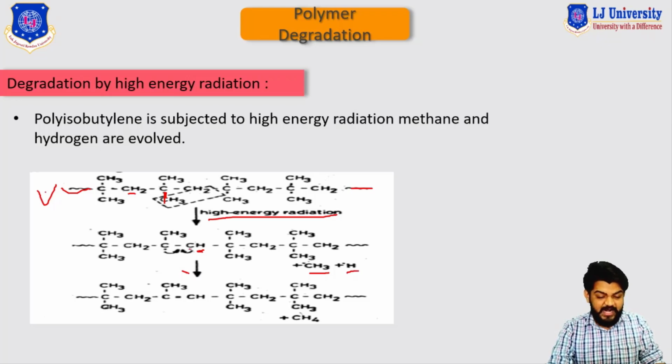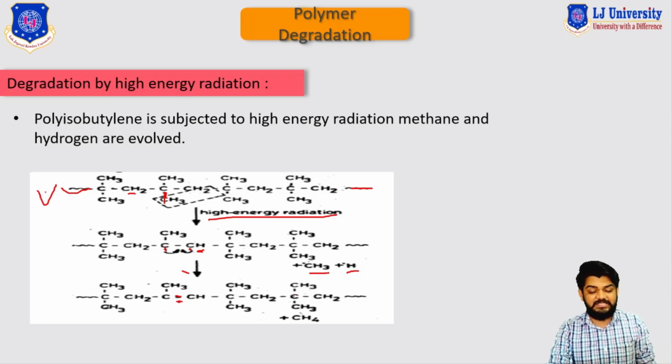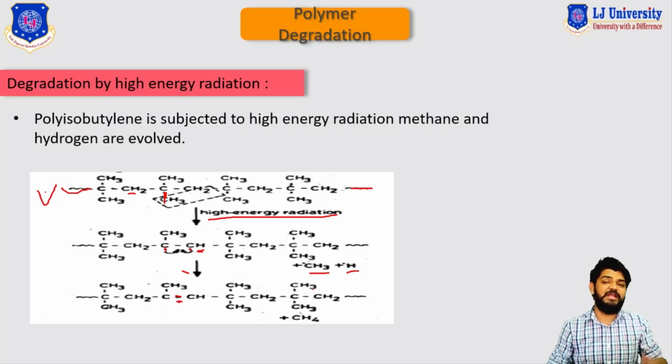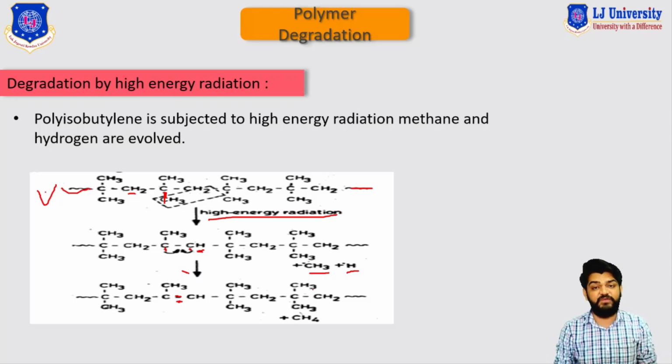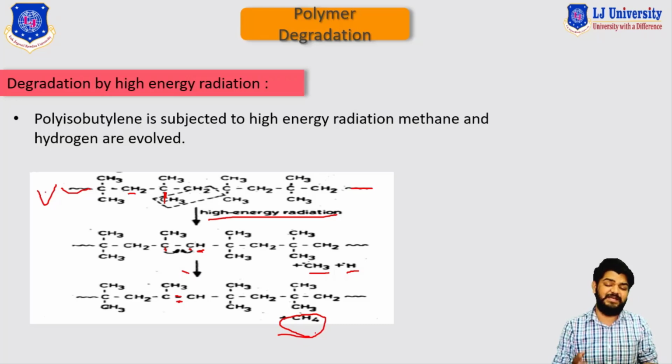Hence now a free radical is generated on this carbon and on this carbon as well, and they will be linked with one more bond. As you can see here, this is the double bond. So they are connected with the double bond like this, right? So what will happen with this CH3 and hydrogen group? Well, they will link with each other since they also have free radicals, and ultimately they will form methane like this. So this is the degradation of the polymer under the cross linking process by means of high radiation energies.